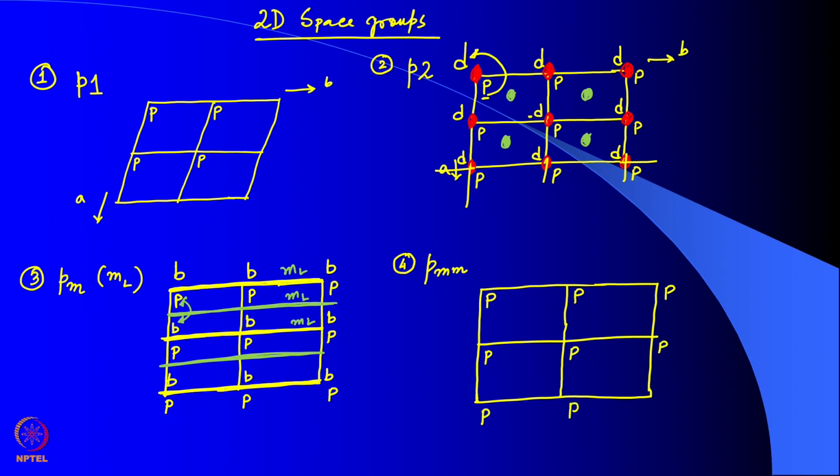These are all one unit translation related. And then we have the original mirror planes which are here, the ones which I am making in bold, the lower ones, and then we draw the longitudinal mirror related objects.